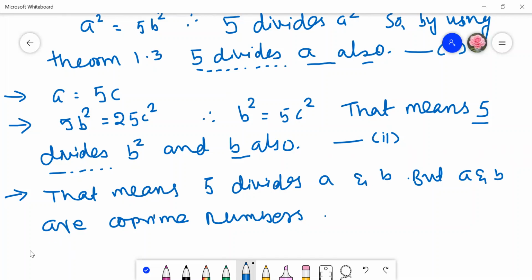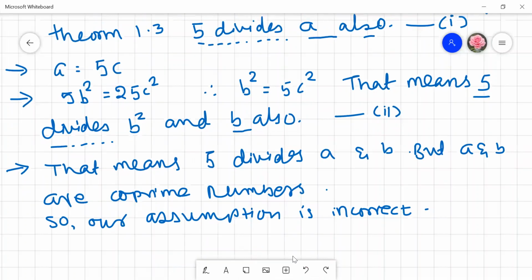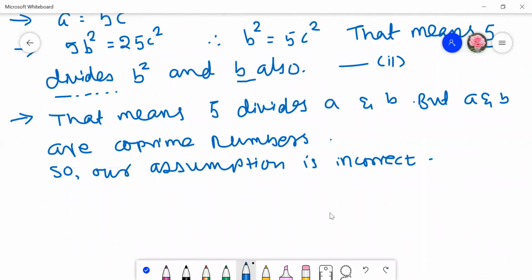So our assumption is incorrect. So we conclude that root 5 is irrational number.